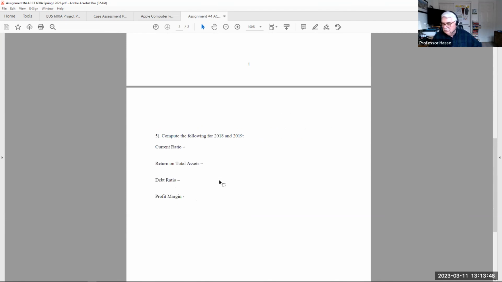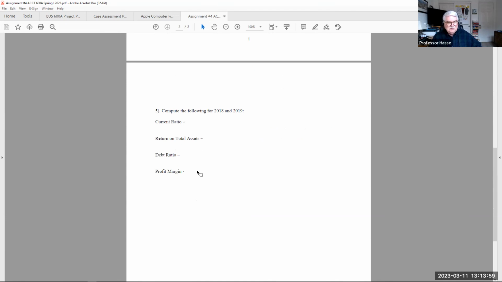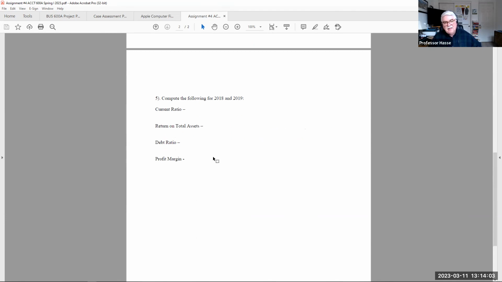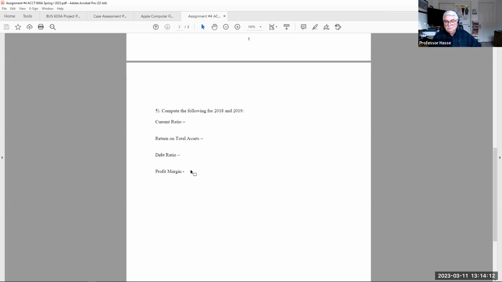And then compute for 2018 and 19 the current ratio, which is the liquidity ratio, the return on total assets, which is the percent of net income divided by total assets, the debt ratio, which is the percent of total overall debt to the assets of the company, and the profit margin, the percentage of net income to the total sales for that year. So I want you to come up with that information, either calculate it on your own or go to those variety of sources to find that information.